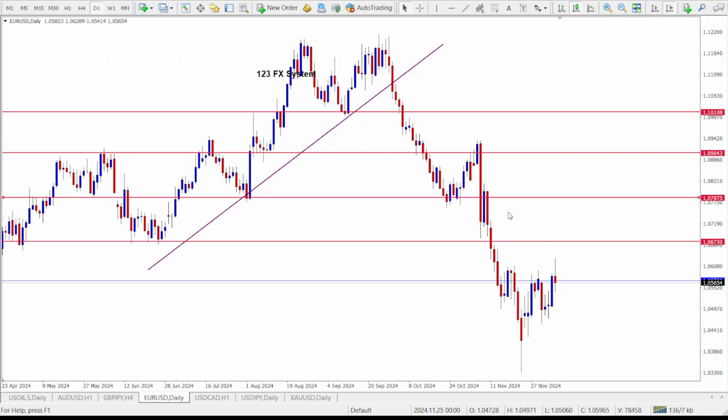And then we have a retracement, right? A retracement to the upside is a pullback from the new low.